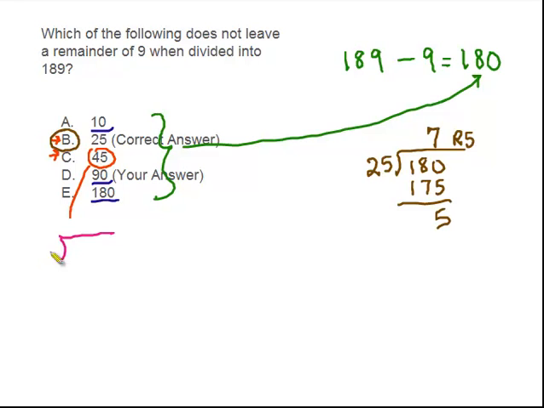So let's do 10 into 189, and let's make sure that we get a remainder of 9. So we know that 10 goes into 18 one time. We subtract, get an 8, bring down our 9. 10 goes into 89, 8 times. 8 times 10 is 80. I have a remainder of 9, right?